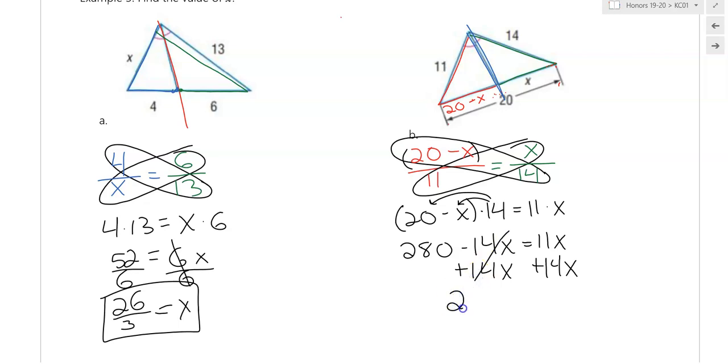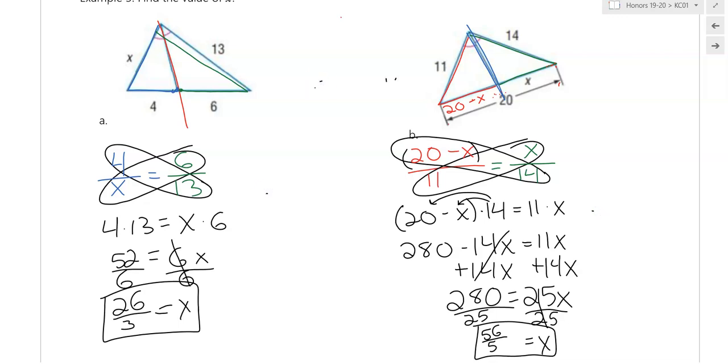These cancel. 280 equals 11 plus 14x, which is 25x. Getting rid of that 25, they cancel. x equals 56/5. Again, these proportion parts we know how to do. The tricky part is setting them up, since we've been doing proportions for over a week. So, that is it. I'll see you guys tomorrow.